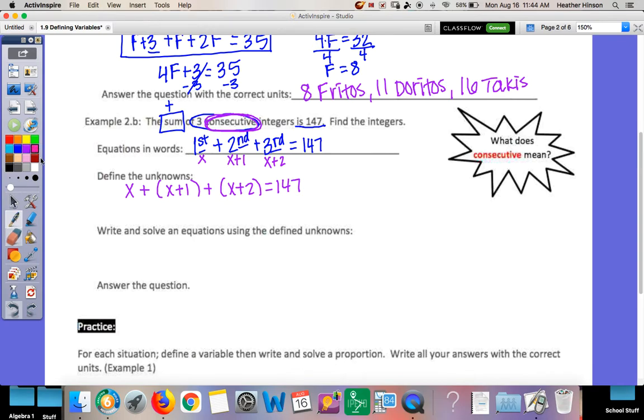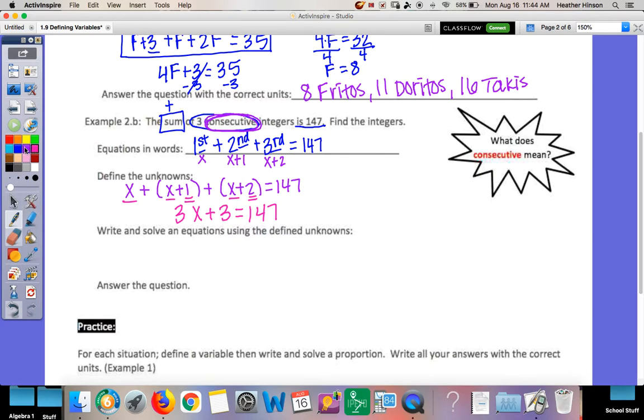And then I can just combine like terms and simplify and solve. So we got our x's, x plus x plus x is 3x. And then our numbers, 1 plus 2 is 3. And all of that equals 147.